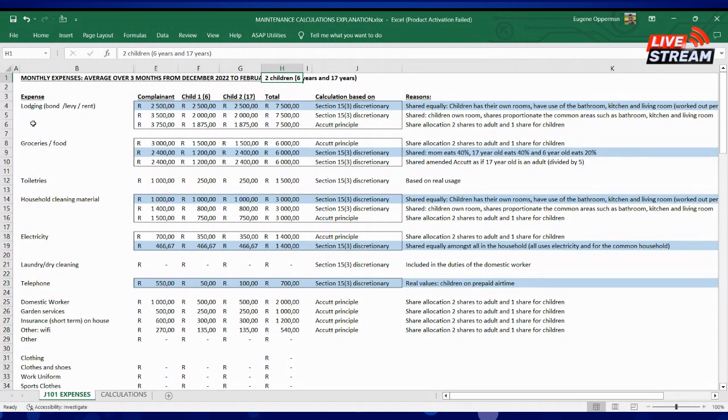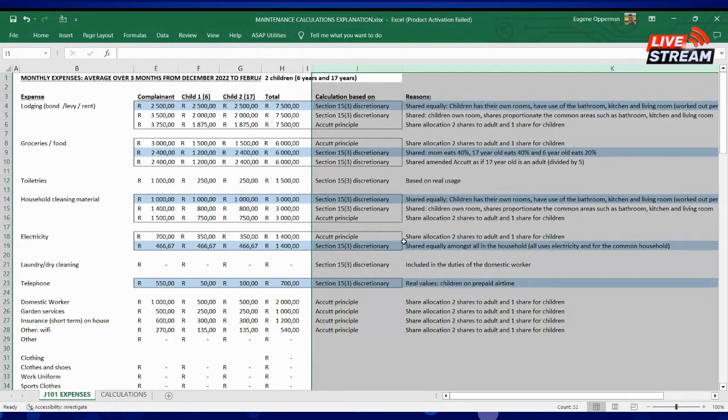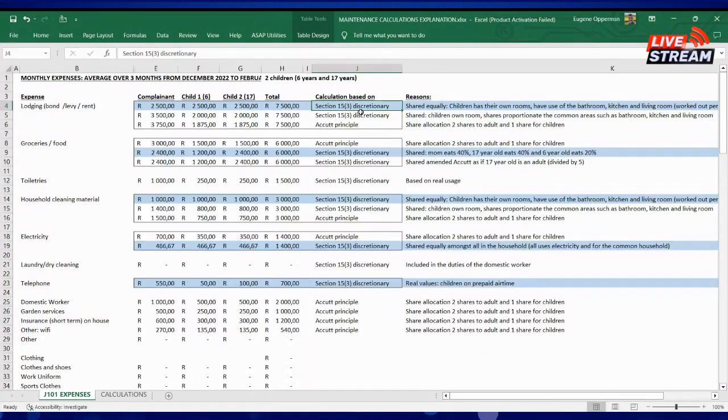So let's use, for example, as you would see in the form as well, complainant, child 1, child 2, and then a total. I include in the spreadsheet 2 columns. I include the column called calculation based on, and then the reasons for that. Why do I do that? It is in order to show the court that there's been some thinking in the compilation of this.